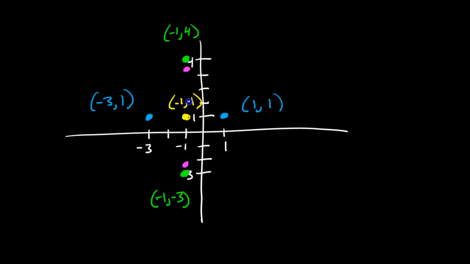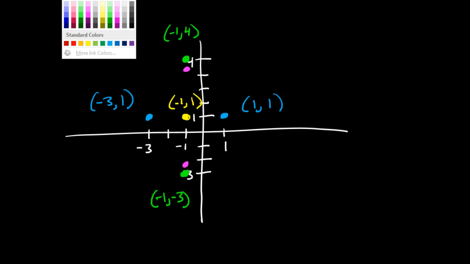We are moving up and down to get to these foci. That means we are changing the y value, but the x value will be the same. All 5 of these points are all lined up at negative 1. All right, the green points, the pink points, and the yellow point, they all have the same x value. They are all having an x value of negative 1.